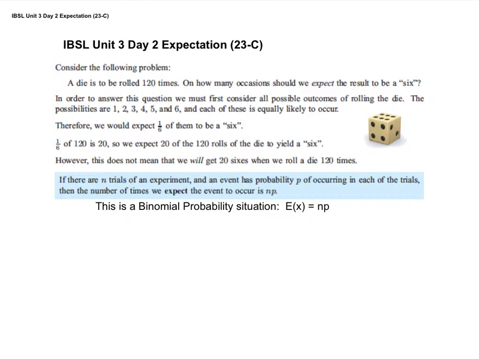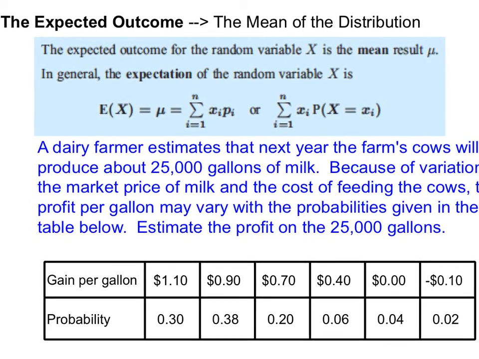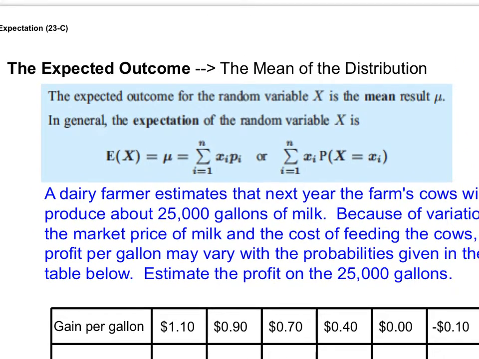But what I want to build on this to look at is the idea of expected outcome. I'm going to zoom in a little bit here. We have here a formula that's actually in our IB formula booklet.